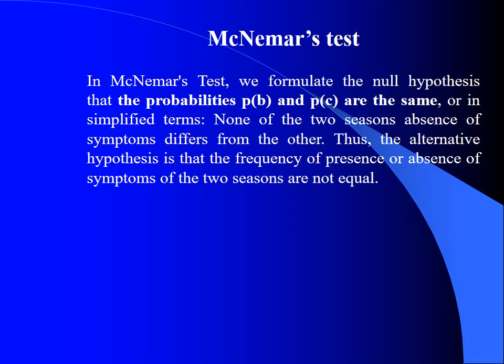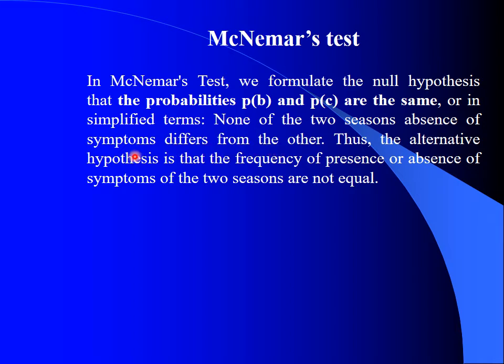Basically, what we do in the McNemar test is we formulate the null hypothesis. The null hypothesis is based on the discordant cells. So the probability of cell B and probability of cell C are the same. In simplified terms, the absence of symptoms in neither of the two seasons differs from the other.